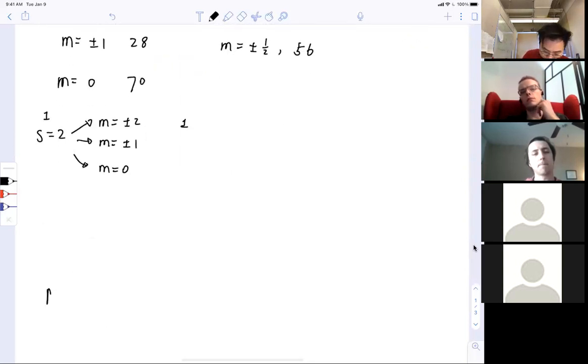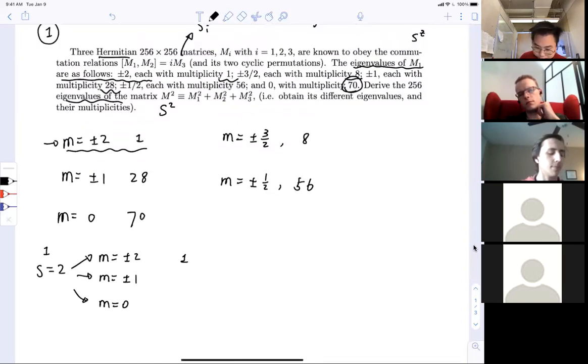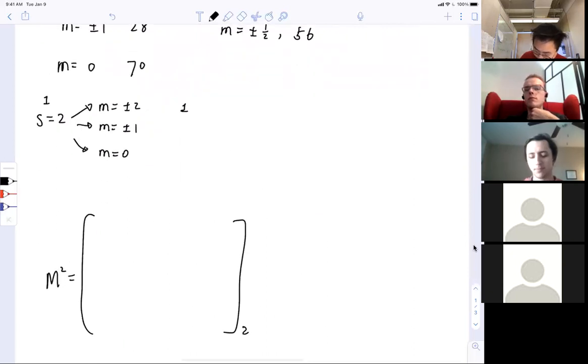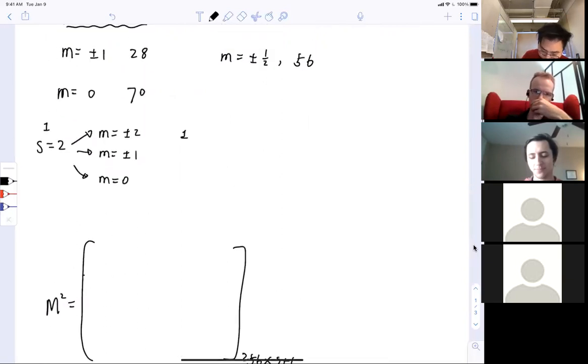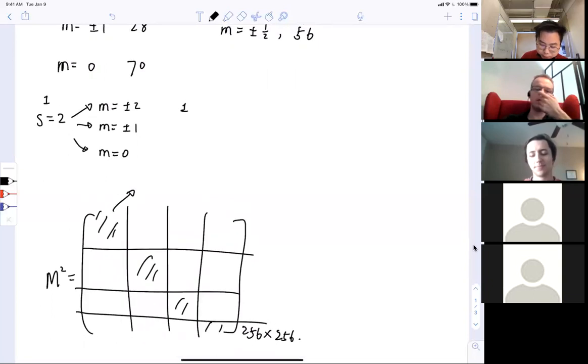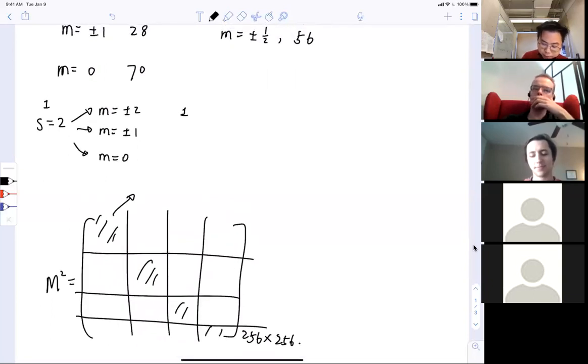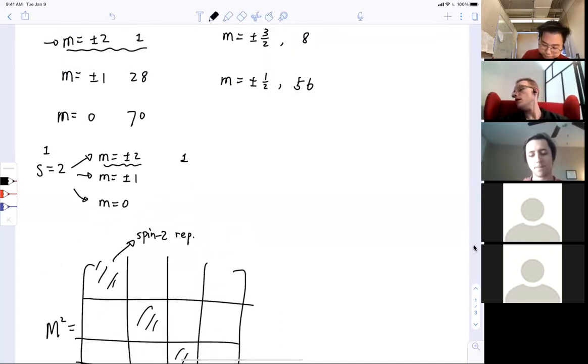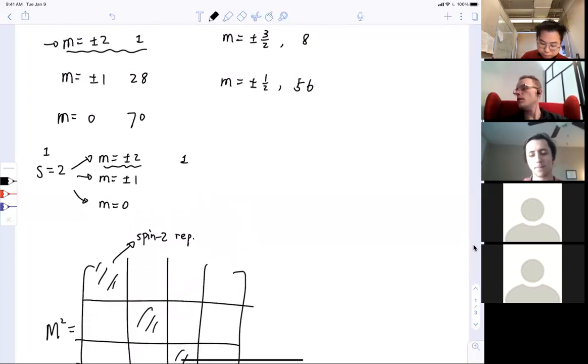So M squared is a very big matrix with different blocks, each block corresponding to a spin representation. There must be one and only one spin 2 representation, and this gives us one m equal to plus or minus 2.